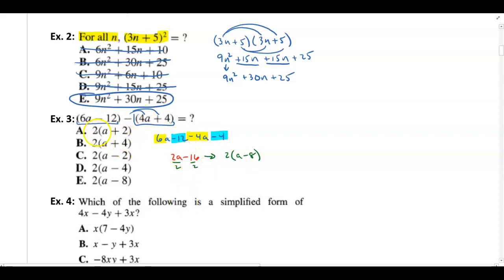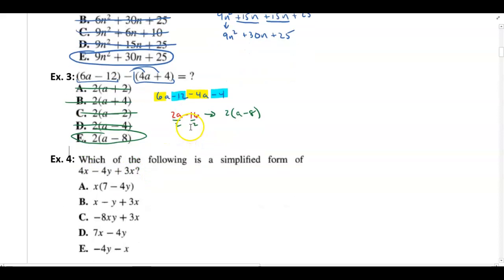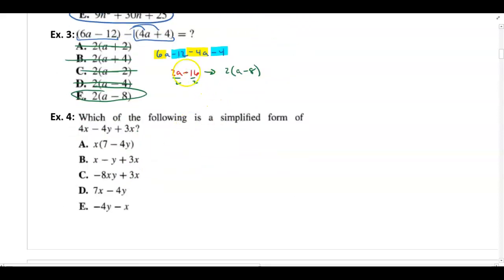What I would do is distribute this 2 in each of these to determine which one gives you 2a minus 16. That's going to give you 2a plus 4, 2a plus 8, 2a minus 4, 2a minus 8. Right here, this would give you 2a minus 16. So even if you don't know how to go from here to here, just work backwards by using the answer choices to see which one matches up with 2a minus 16.